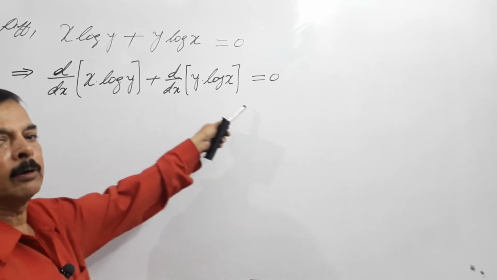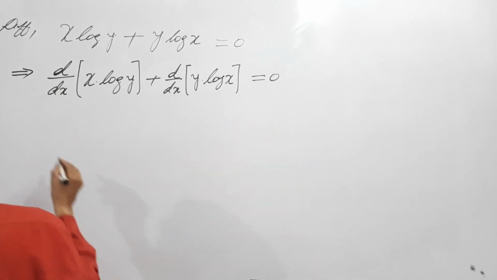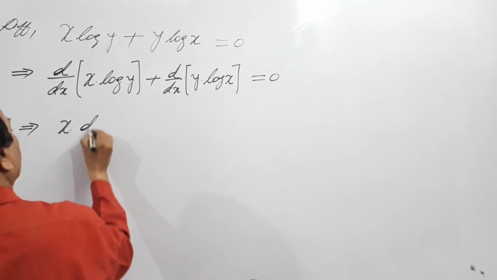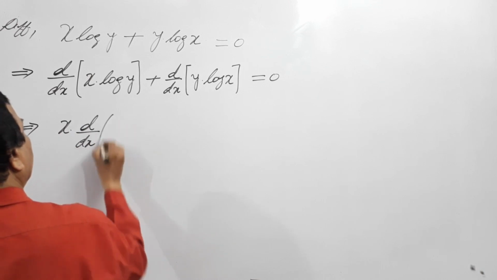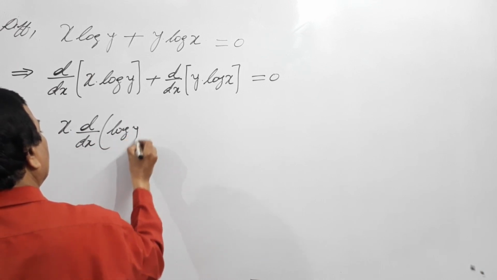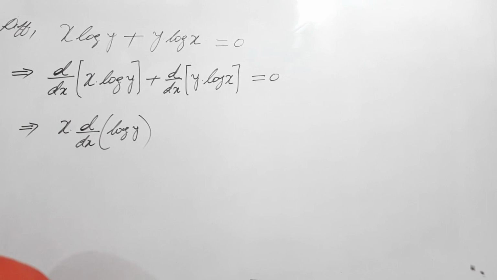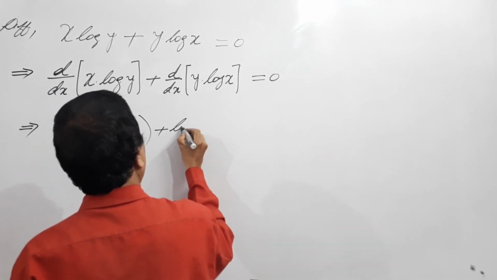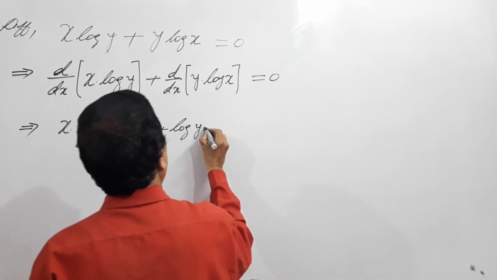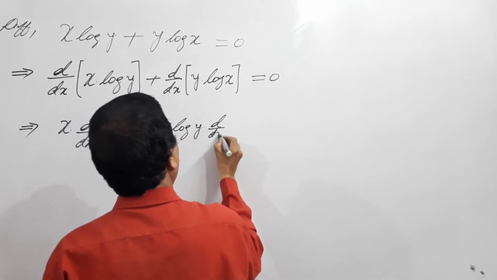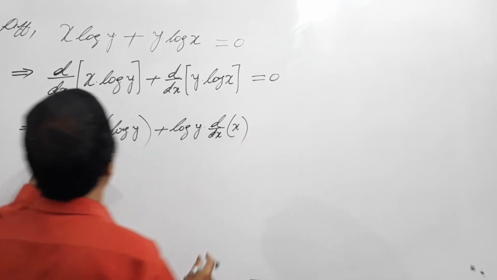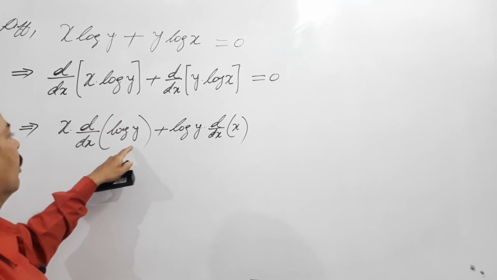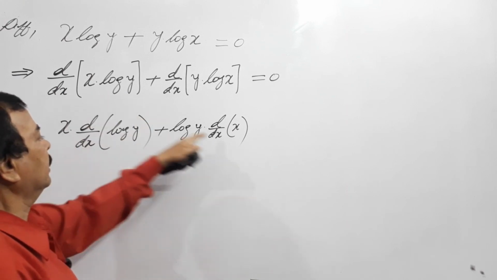So use product rule in both the cases. So here this equals x into d by dx of log y plus log y into d by dx of x. Product rule: first keep as it is, differentiate log y, plus log y keep as it is, differentiate x.